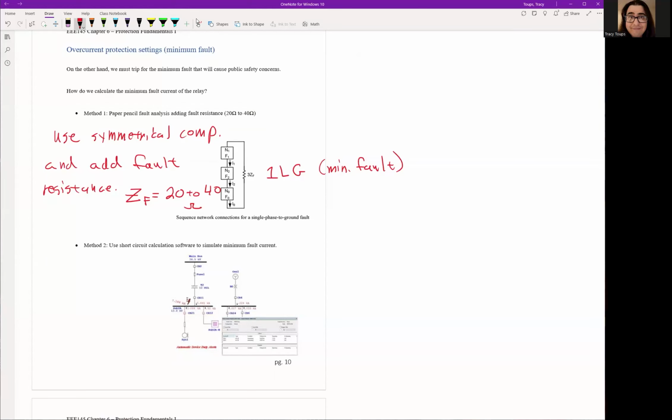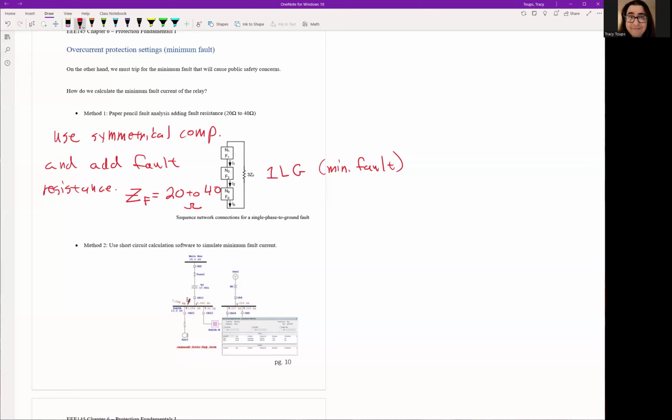The idea is this fault resistance should mimic a tree branch or some type of debris that landed on the wire and is not giving us a solid path to ground. The tree limb does have impedance, and the more impedance you put in the circuit, the lower the fault current is going to be.